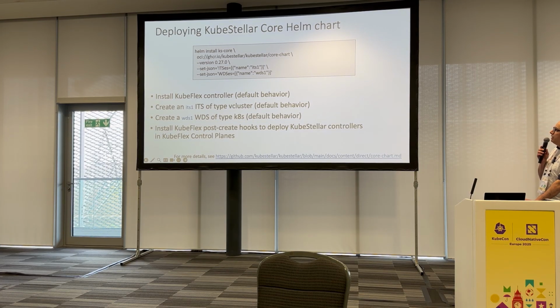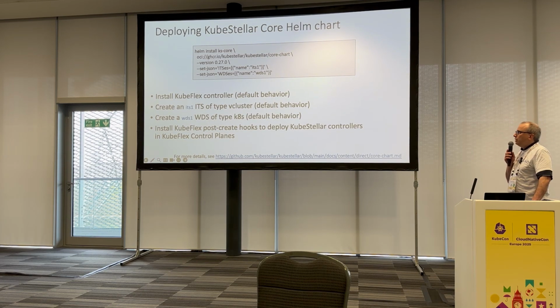And in this case, we are creating two spaces. One is the ITS one, and the other one is the WDS one. So with very few settings on the command line or in the values file, we can bring up an example deployment. In this case, we have some default types for the type of cluster. The ITS by default is a vcluster, while the WDS is a KDS cluster.